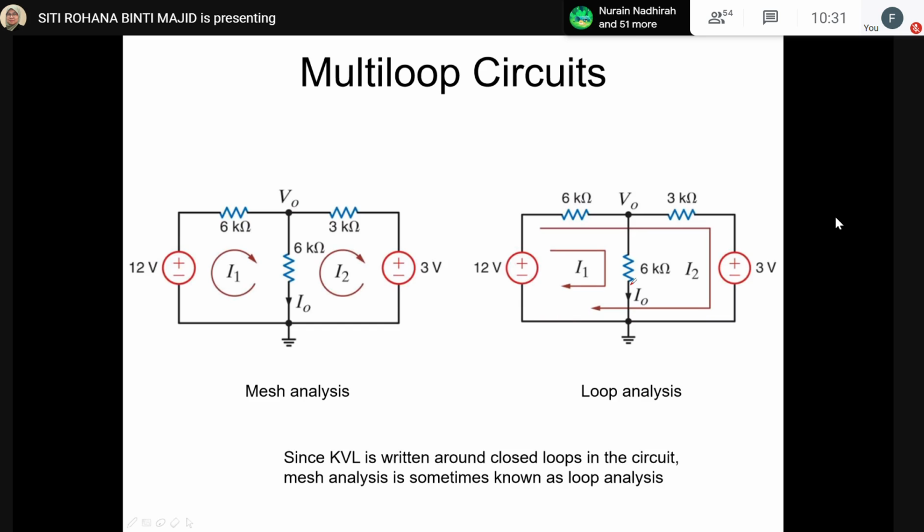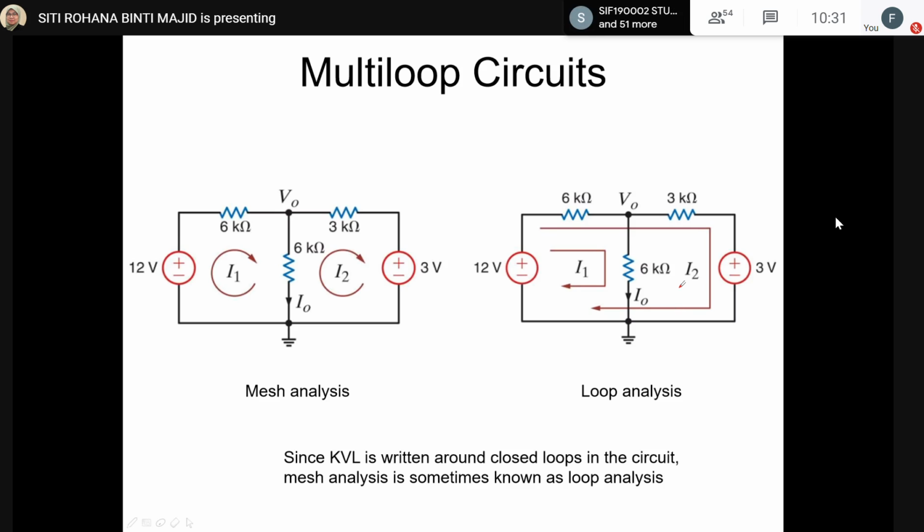Okay, so I hope you can see the difference between these two techniques. In this technique, we consider the total current across the 6 kilo ohm resistor.